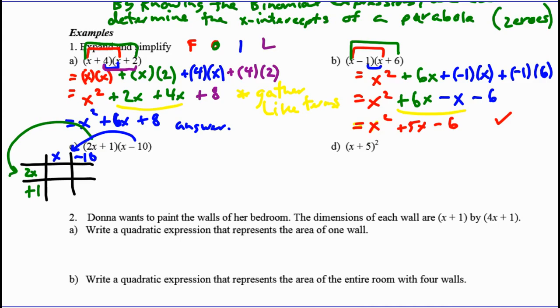So now what you do is you cross these. So what's happening is I could color code these two. Look how it's the first and the first, the first and the first. So what's the first and the first? So 2 times 1 is 2. X times x is x squared. All right. What is the outsides? Well, the outside is 2 and 10.